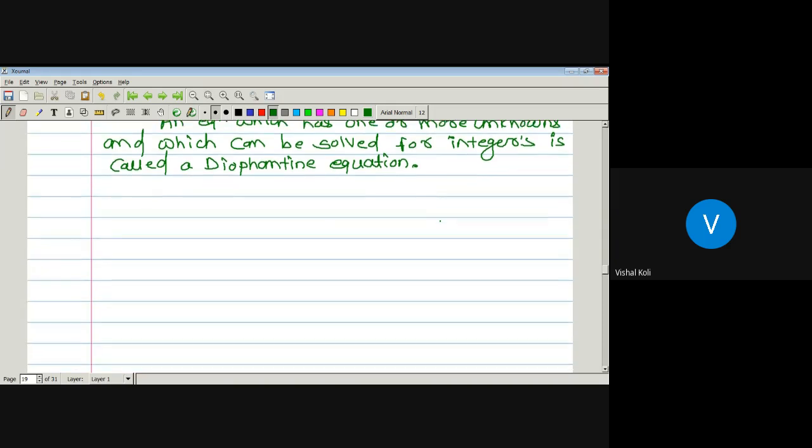That is, the equation which can be solved for integers is called a Diophantine equation. But this equation may be of any degree and have any number of unknowns.